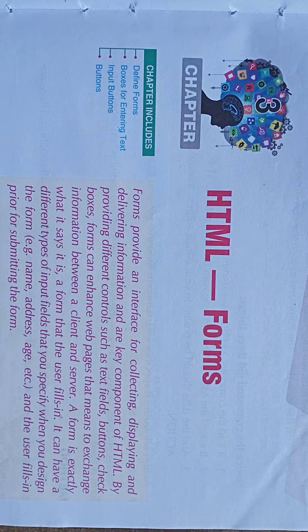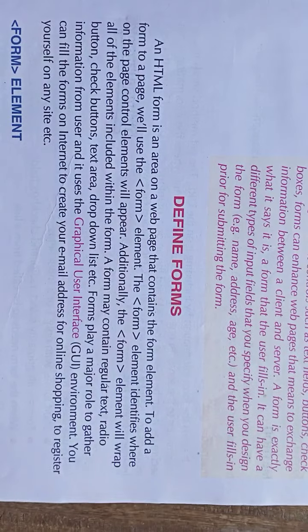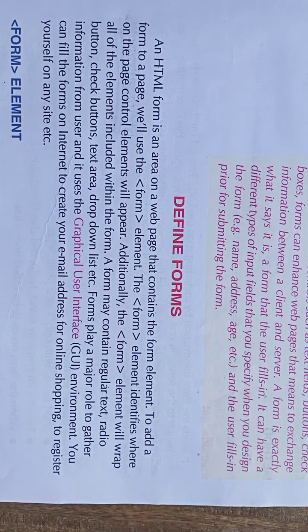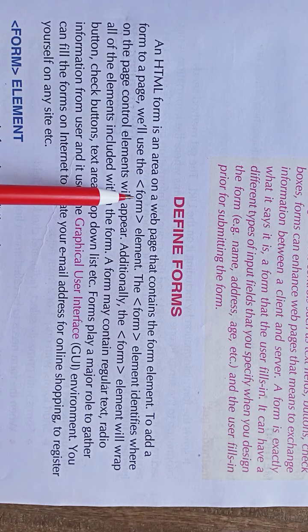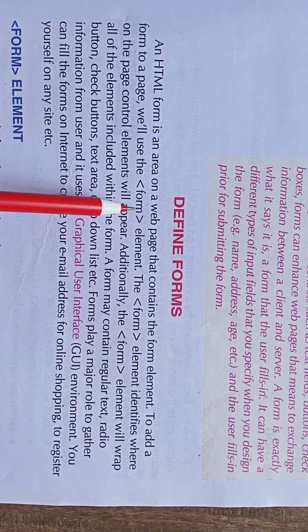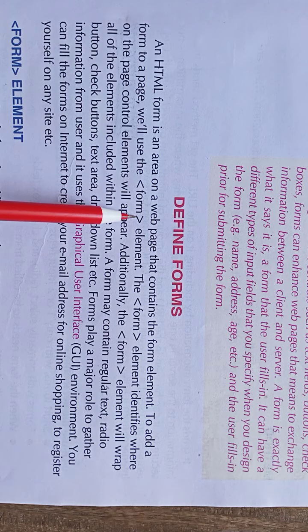So in this chapter we are going to see how all these elements, all these components of a form can be created. First of all, before creating the components, we need to create a form. And to create a form in HTML, we are going to make use of the form tag, the form element.